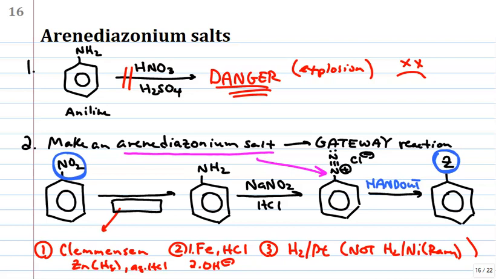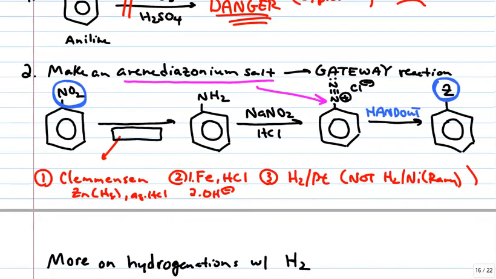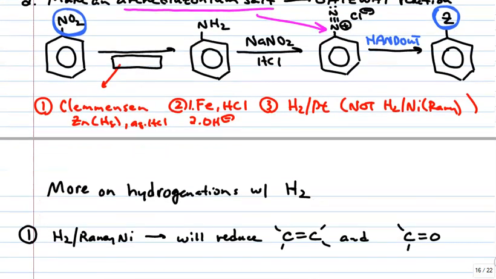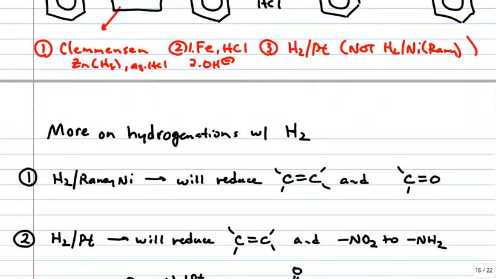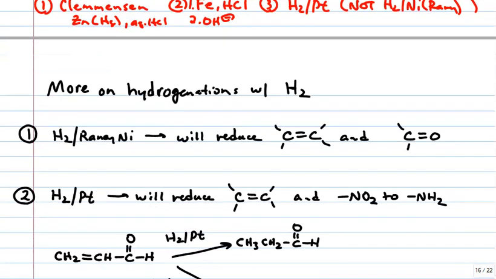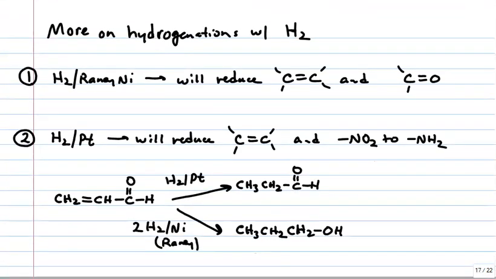as we've used in previous hydrogenation. So let's do this a little bit more, and I've written this out just to review it for you. But in terms of hydrogenation used in the making of a diazonium salt, you will not want to use Raney nickel. One of the reasons is that with Raney nickel, you can do two major things.